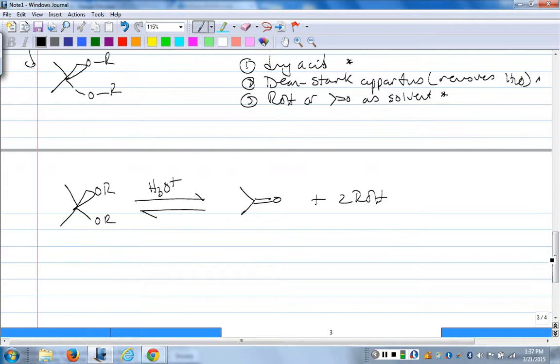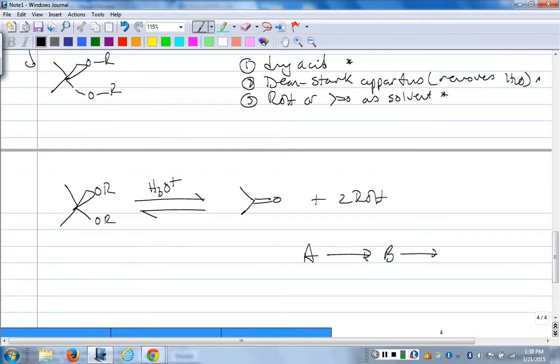Let's just say that I have A going to B, going to C, going to D. So if I go from A to D through B and C, and I want to go backwards from D to A, there's a principle in chemistry called the principle of microscopic reversibility.